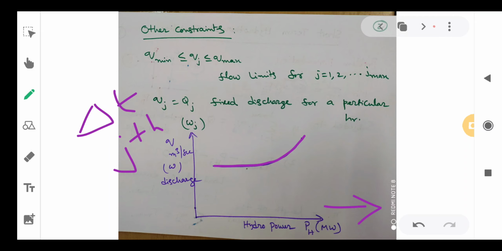So delta T is the time duration for a particular interval. So this is the hydropower curve, power versus discharge. This is most important while considering the coordination.